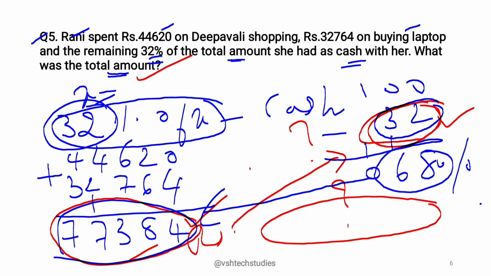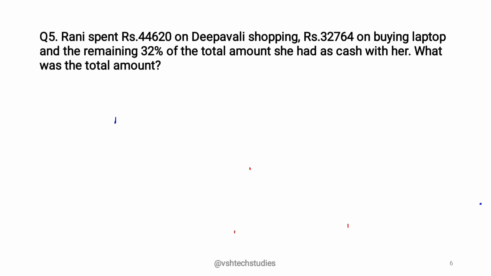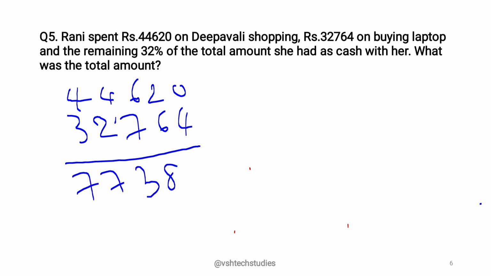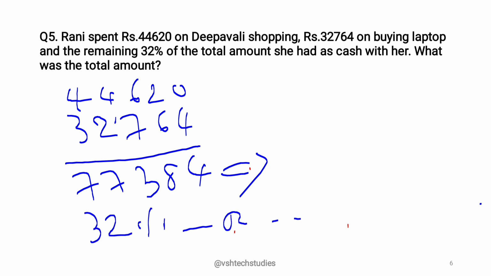Coming back to the problem, Rani spent 44,620 on Deepavali shopping, 32,764 on laptop. Then total expenditure is 77,384. Because 32% is remaining, this will be 68% only.